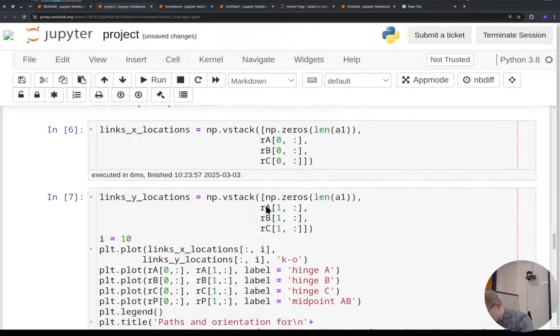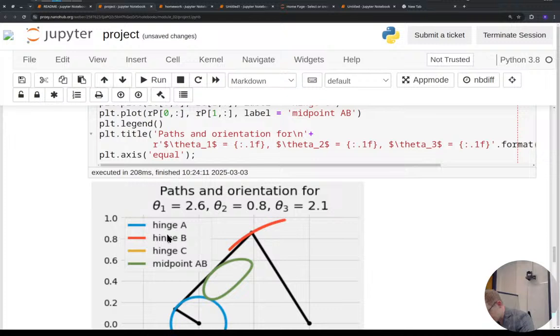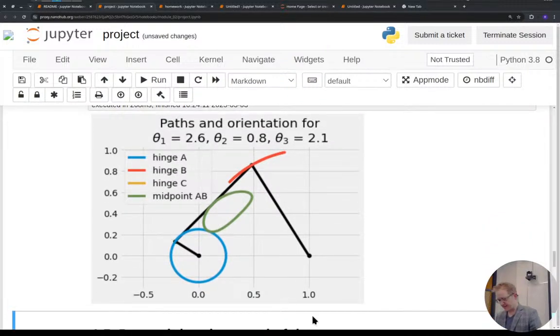Let's go maybe 20. Yeah, we're something like this, right? So if we're thinking about -0.2, +0.15, 1/4, and then we have 1 meter up and 1 meter over for those other two links.